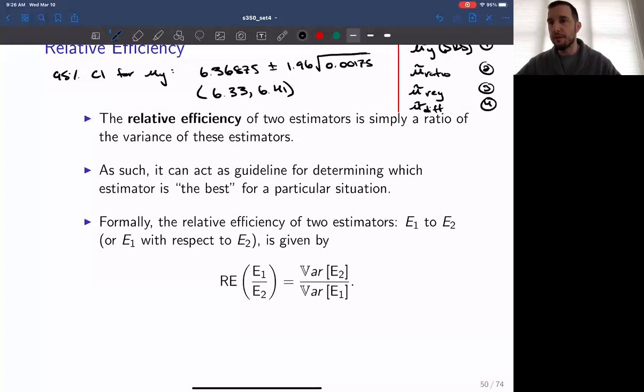The relative efficiency is a value that takes the variance of one estimate and divides by the variance of another estimate. We can use it to make a statement about which of the 4 estimates we have considered is the better one, based off of the value returned via the division of these variances.